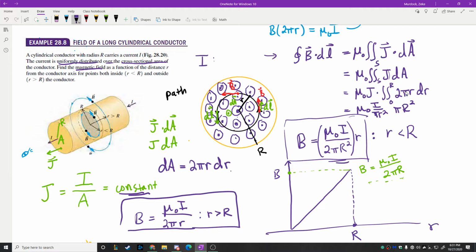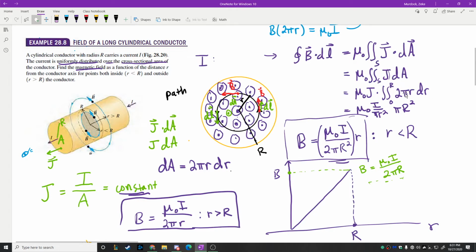It's okay if you don't. But if you have questions, please don't hesitate to ask, because you will have to do this on your homework. On your homework, the big difference is that your J is going to be a function of R, so you won't be able to pull it out.